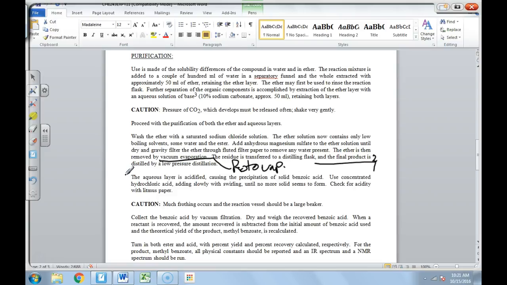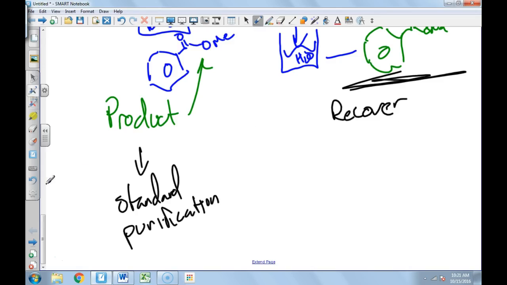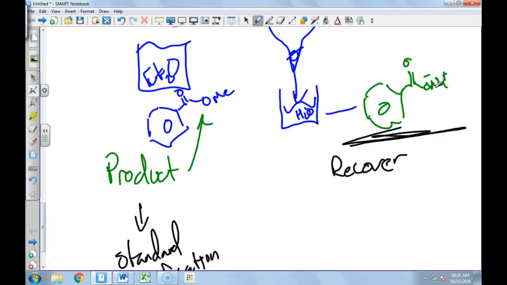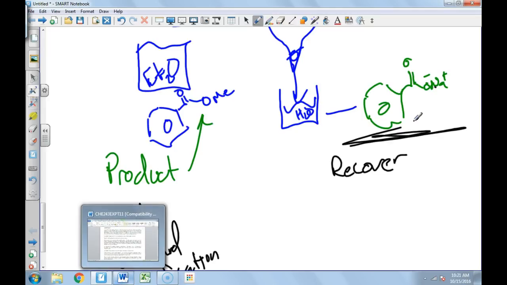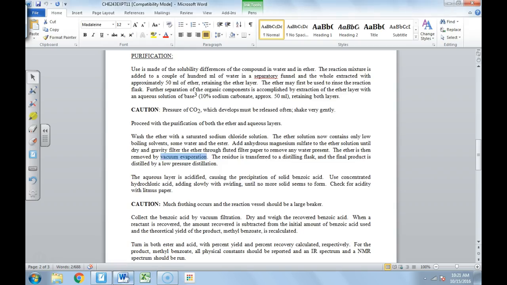But now let's talk about this. Before we talk about this, let's go back to this. Notice that this is the sodium salt of the acid. So that's the conjugate base of the acid. Well, how do we recover the acid? We're going to have to turn that base back into an acid. So look at what happens here because of that.